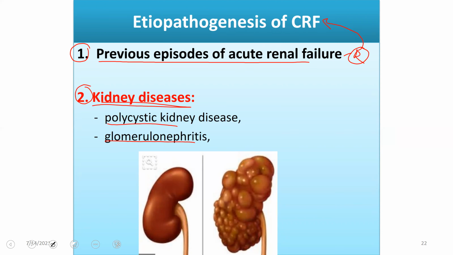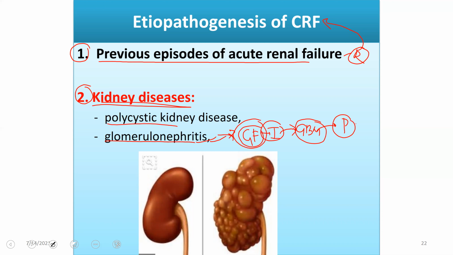The next cause that we are discussing is kidney diseases, and the diseases that we associate with chronic renal failure are polycystic kidney disease and glomerulonephritis. As we have already discussed in videos on glomerulonephritis, whenever glomerulonephritis exists for a chronic period of time, there will be accumulation of growth factors, and this accumulation, along with the degree of inflammation, will result in rupture of the glomerular basement membrane or damage to the GBM, and that will manifest with increased proliferation due to the growth factors.